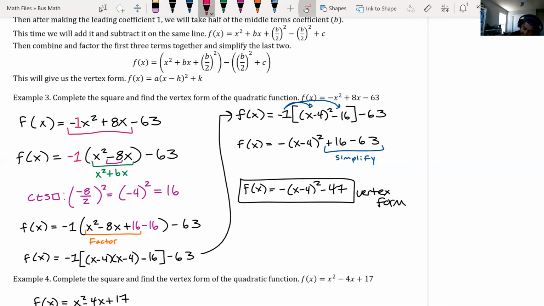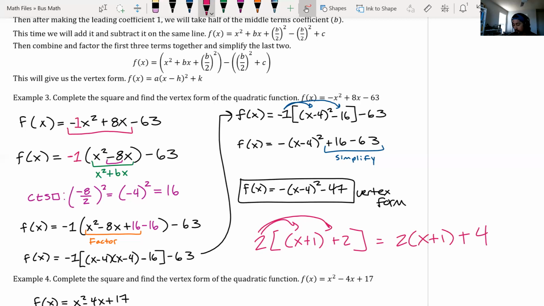Let's say I had something set up like 2 times x plus 1, plus 2, something written like this. If I distributed the 2, I wouldn't distribute the 2 inside the x plus 1 yet. I would first rewrite it as 2 times x plus 1, plus 4. And that's true when you're dealing with double brackets always.